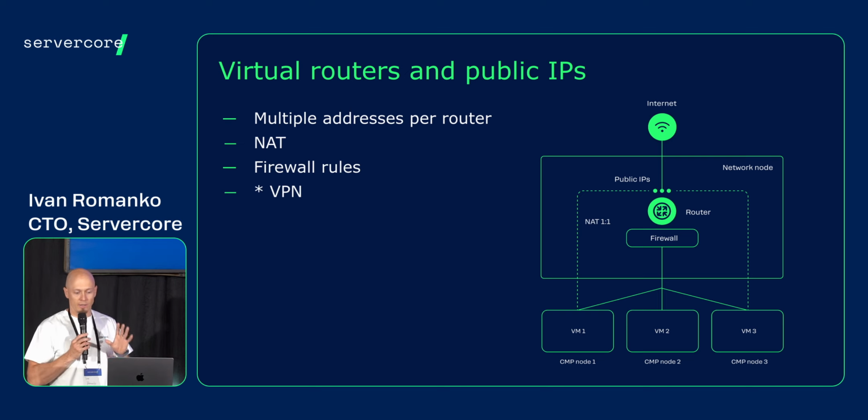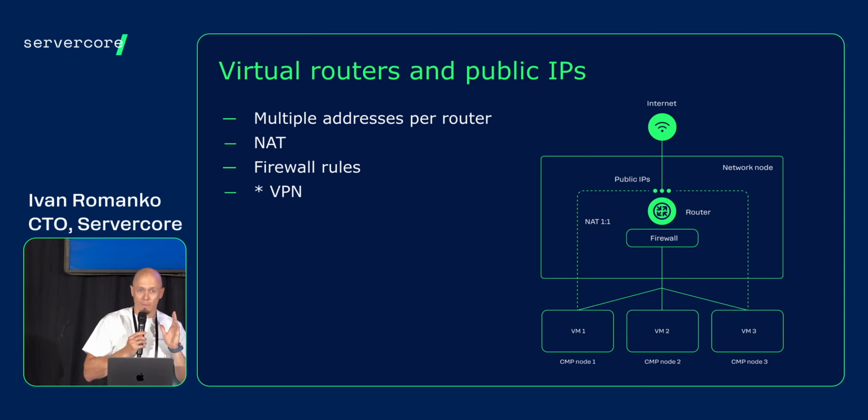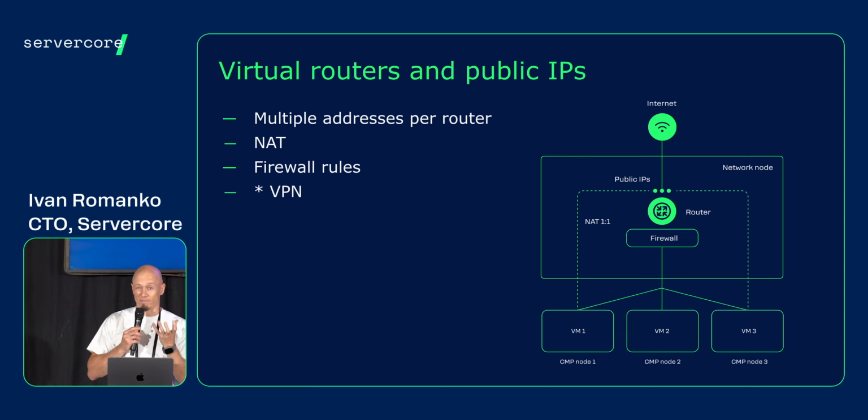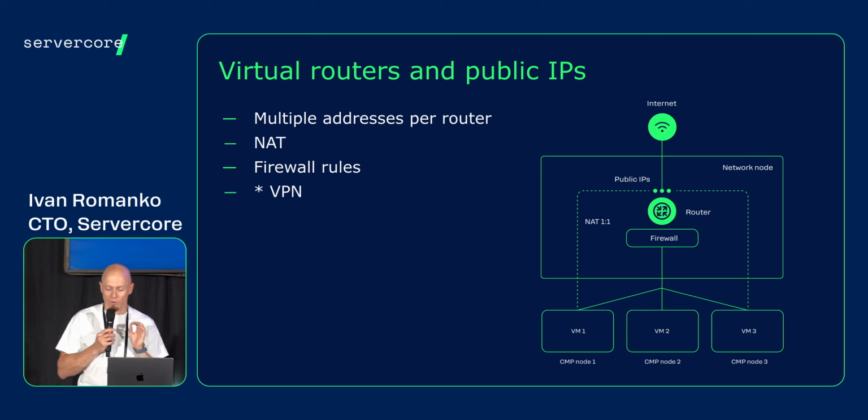A network node is a place where we virtualize networking. So when you create a public IP address, let's start by saying that the core object on this level is a virtual router.